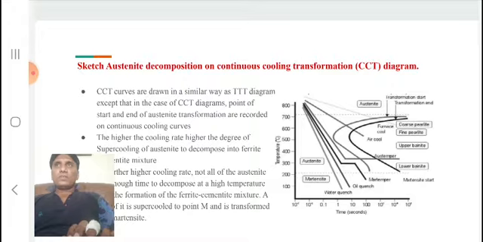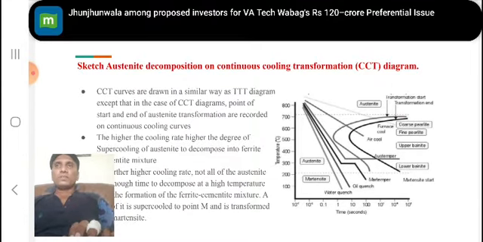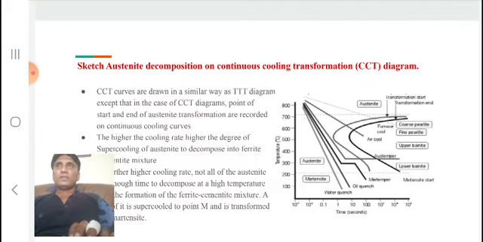So during the transformation, the cooling process continuously takes place.